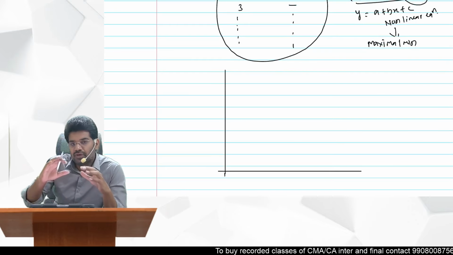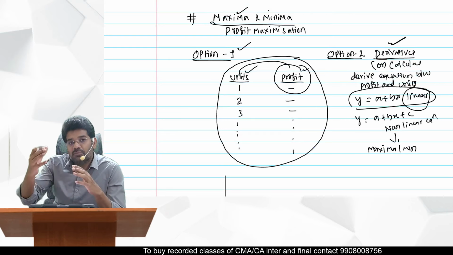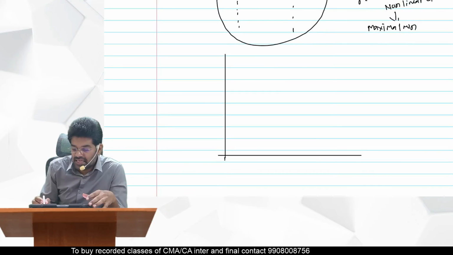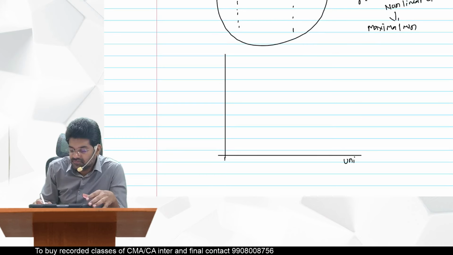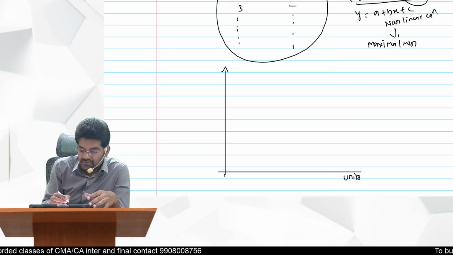So if I have to explain this derivatives, maximum point and minimum point graphically to you, on the x-axis I am taking units, on the y-axis I am going to take the profit.